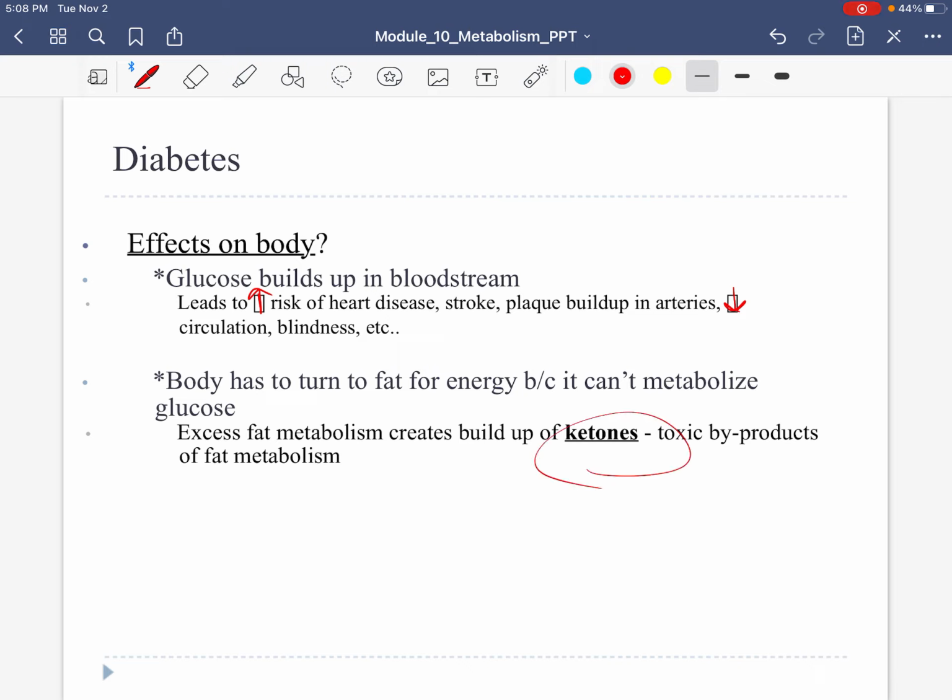If we burn too much fat, there's a byproduct called ketones. Anytime you burn fat, you produce ketones. But here we're talking about an excessive amount of ketones. So if a diabetic, for example, can't get that glucose into their cells, they're going to burn more fat.